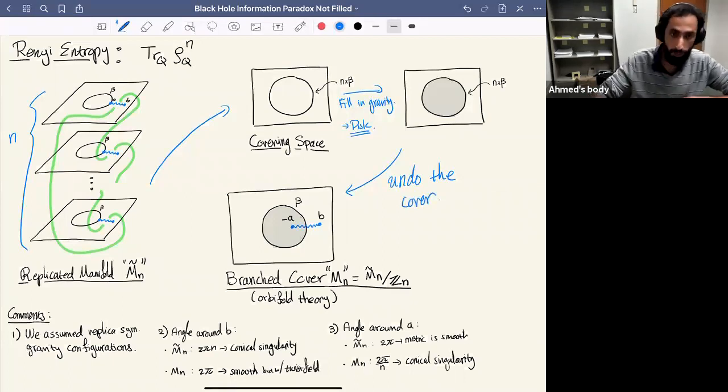What happens when you wrap the spacetime back, or you undo the cover, is that the branch cut, which was originally only in the bath region, extends into the bulk.